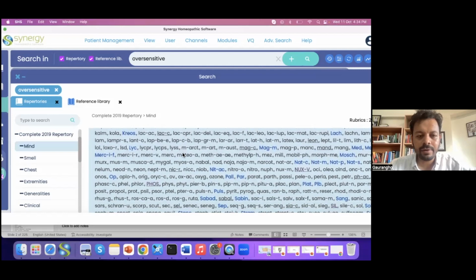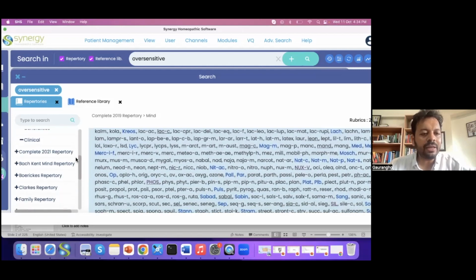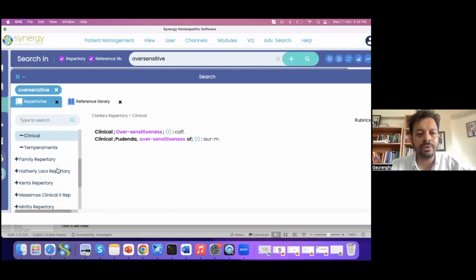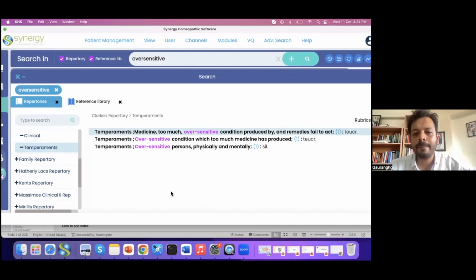different repertories. One of the very interesting repertories that I would like to introduce to you today is the Clark repertory. And this is one of the only repertories which has a section called temperaments. And it also has one of the rubrics which I use very often.